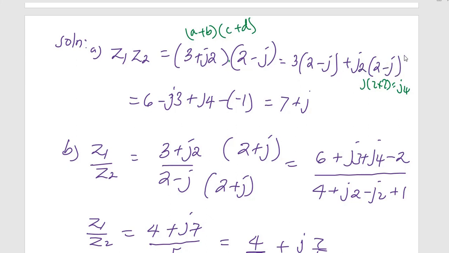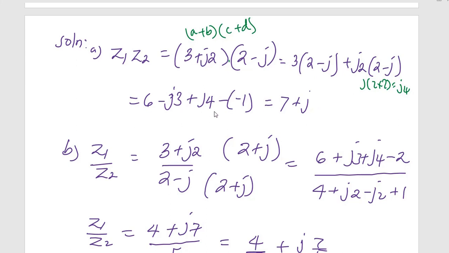So this will be, actually, minus j2 times j, which is j squared, and j squared is -1, as we have already said from above.